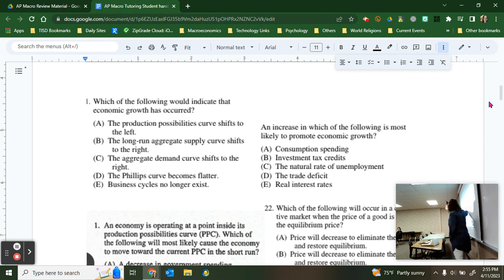Hey, fall semester kids. When I say investment spending, what am I talking about? Business spending. So businesses also pay taxes. And so this is saying that you will get a credit towards your taxes if you do business spending. But how is that different than consumer spending? What do you think businesses are going to spend money on? They're going to spend money on either land or labor or capital or human capital.